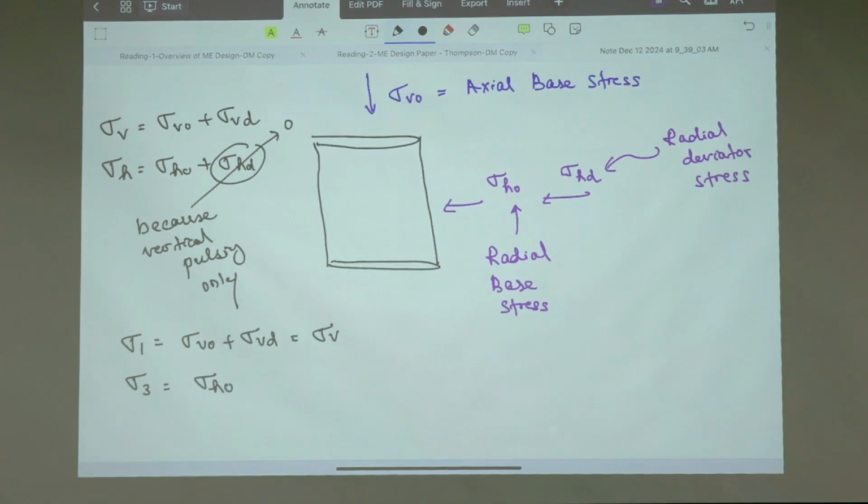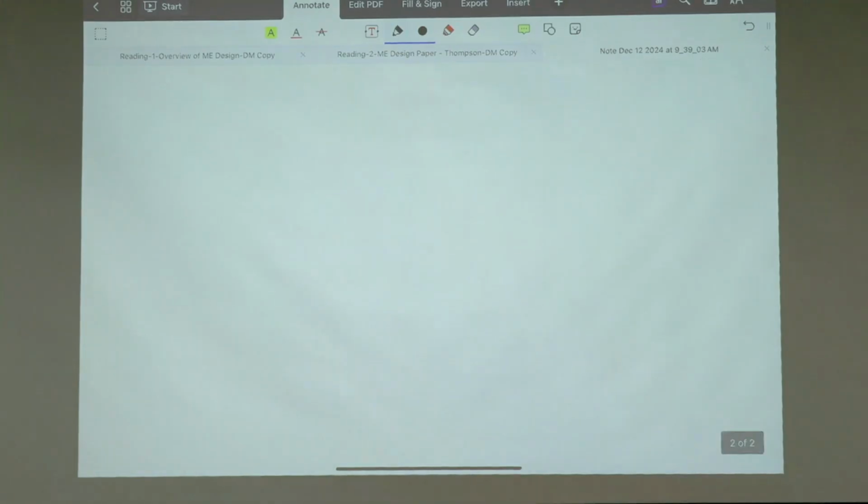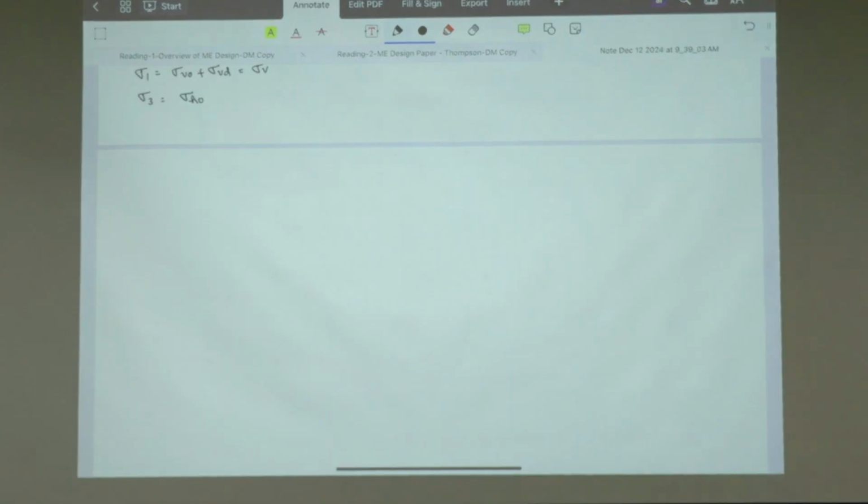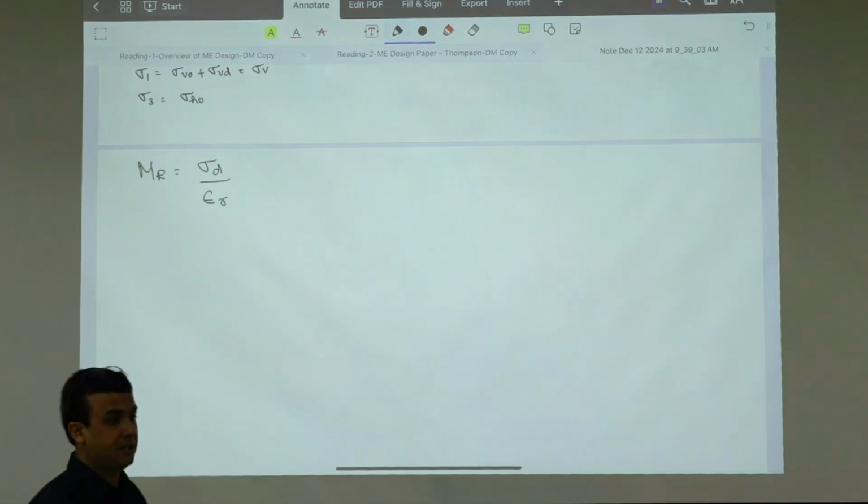So that's the stress. Let's take a look at the definition of MR. What is MR? MR is sigma d over epsilon r, the recoverable strain, not deformation, strain.